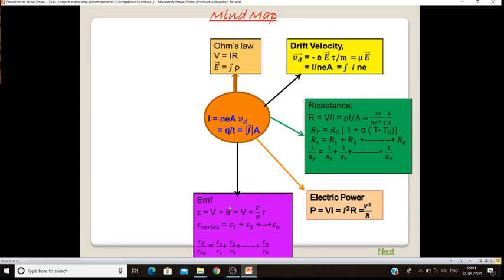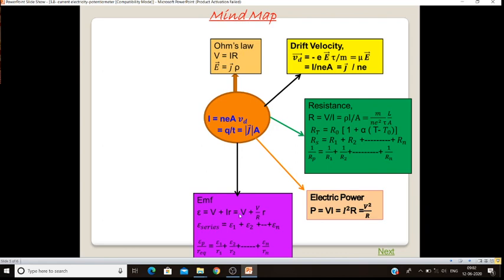After that we studied EMF, internal resistance, and combination of cells. EMF of a cell is V plus Ir, where V is the terminal potential difference. What is it? That is the potential difference between the terminals of a cell in open circuit, and the potential difference between the terminals of a cell in closed circuit is the terminal potential difference.